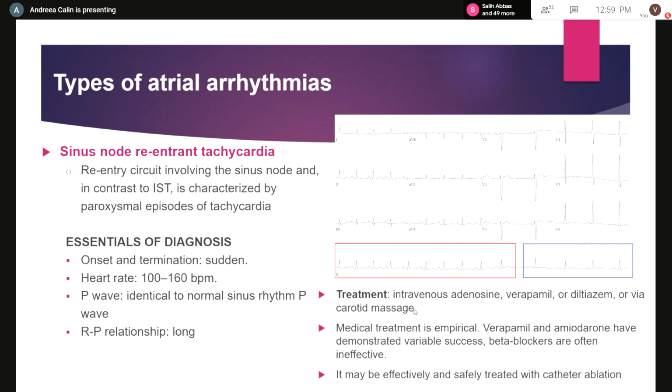Beta blockers are often ineffective, and we can use verapamil or amiodarone, but these also can have a rate of success that is not so good in many cases. In some patients where these episodes are very frequent, we may also think about catheter ablation.